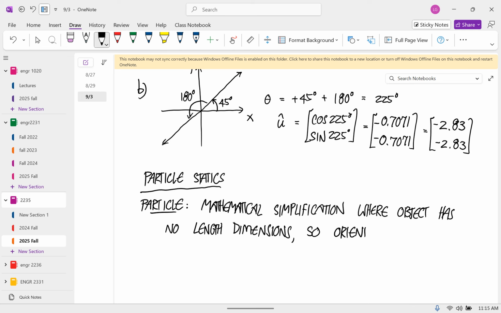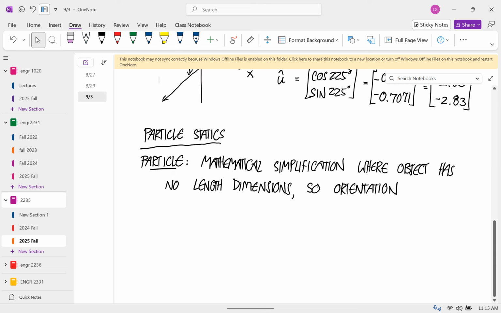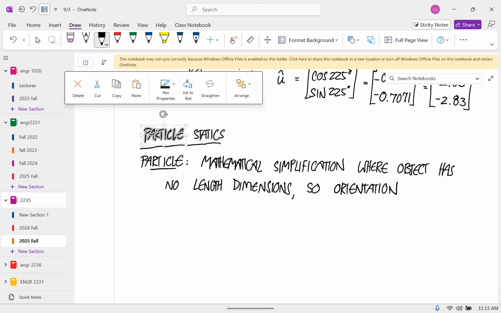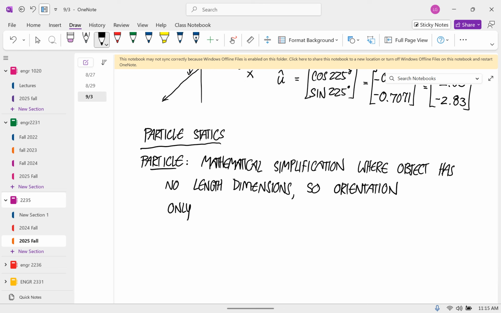So all you can talk about is its location. It only exists at its center of mass.